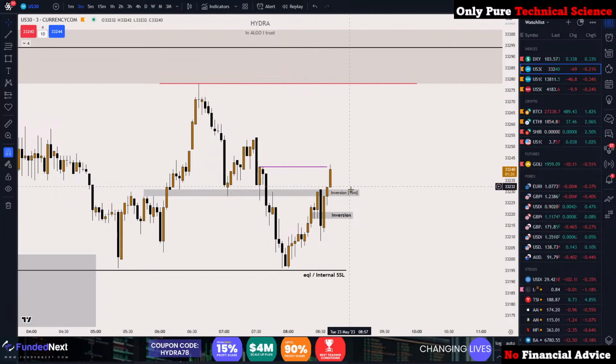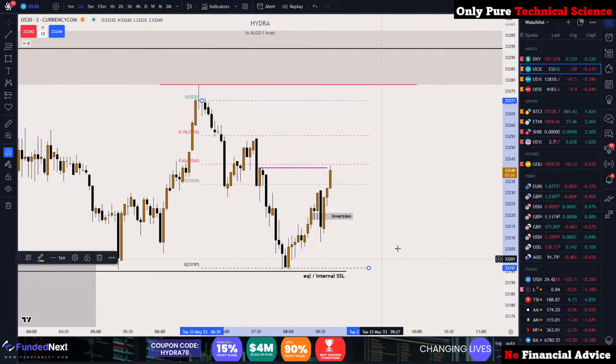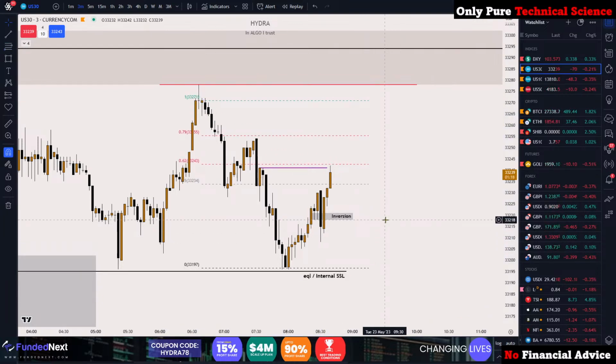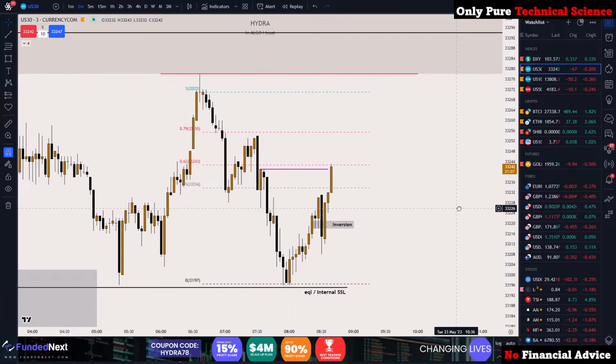This is our premium level. And our optimal trade entry will be inside this range, 0.6 to 0.79, which comes in inside this fair value gap. So yeah, let's see how price does it.